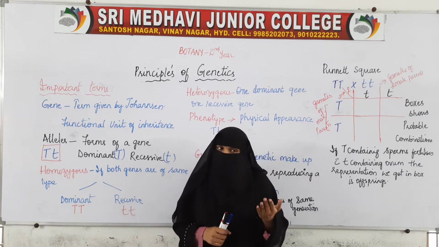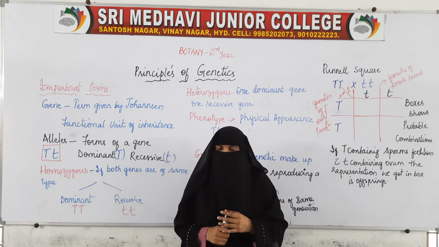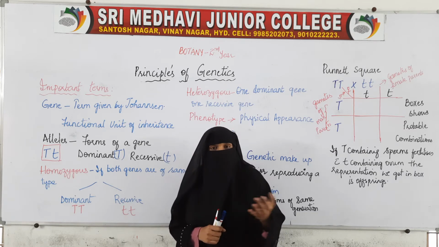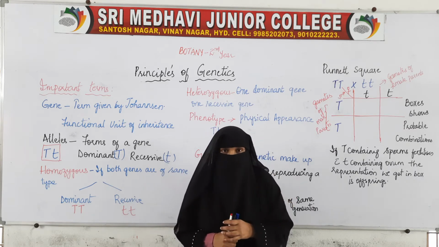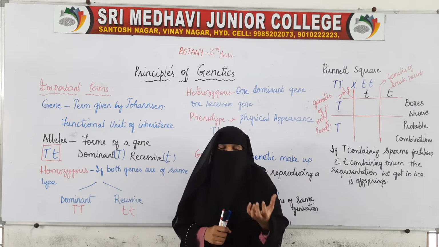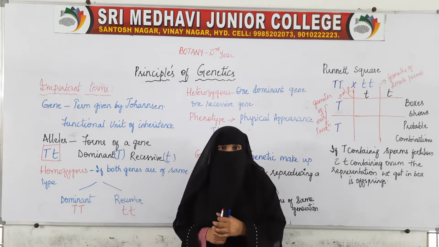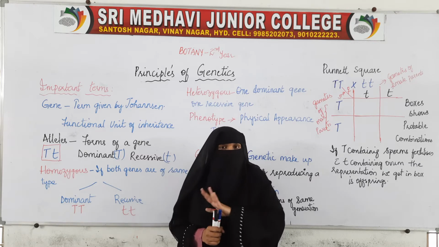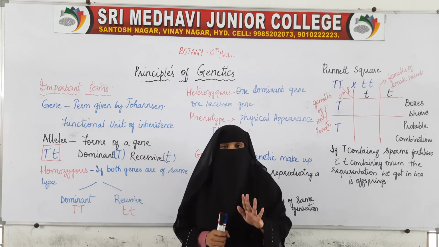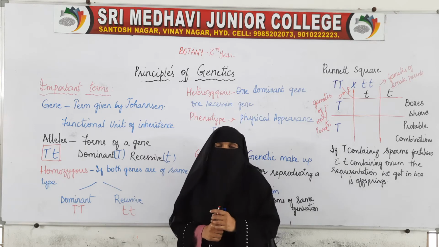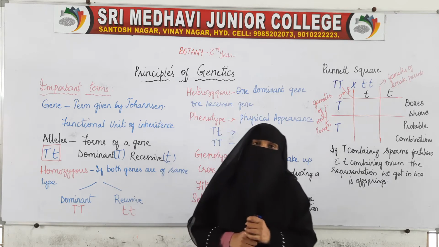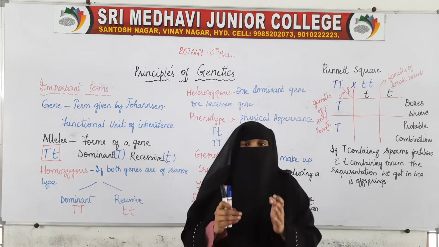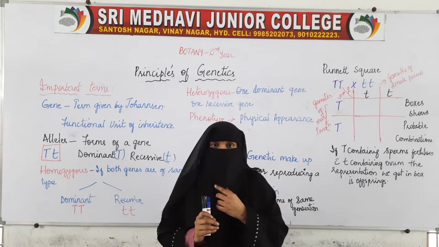The pea plant is capable of self pollination as well as cross pollination, and as the lifespan is very short, it can produce a large number of seeds, and there is no dormancy in pea seeds. So these are the reasons why Mendel selected the pea plants. He did all the experiments on the pea plants.